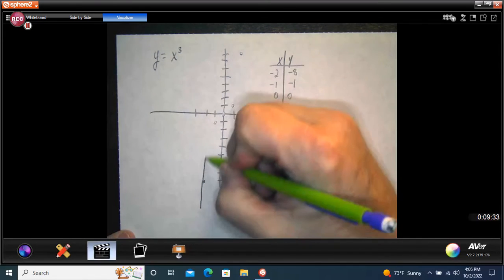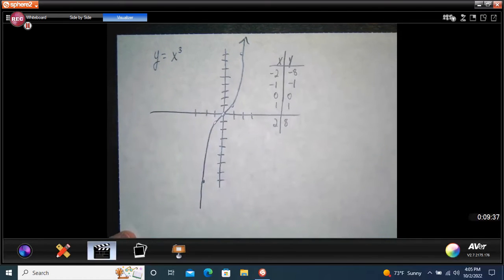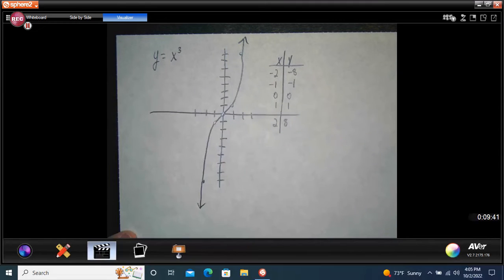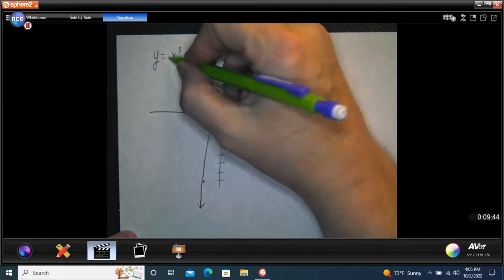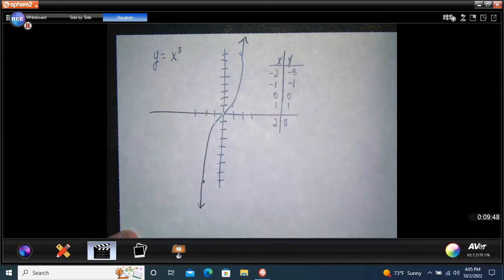And, whoa, almost missed. That's what it looks like. That's y equals x cubed. Put a negative in there, it would have opened the other way, going down like that. And 0 is a triple root.